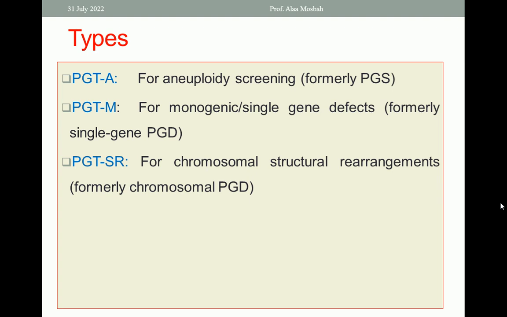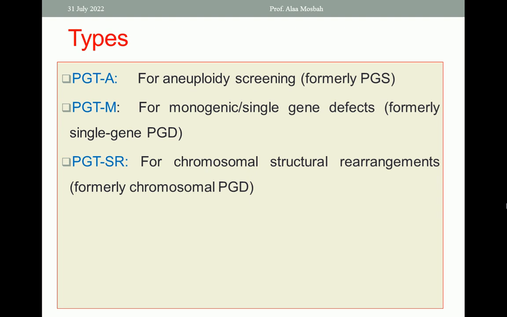The next one is PGT-M, pre-implantation genetic testing for monogenic or single gene defects, either autosomal recessive or dominant or X-linked, so sex-linked. This PGT-M was formerly named single gene PGD, pre-implantation genetic diagnosis.